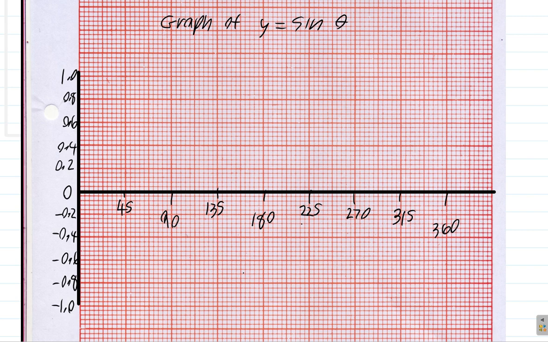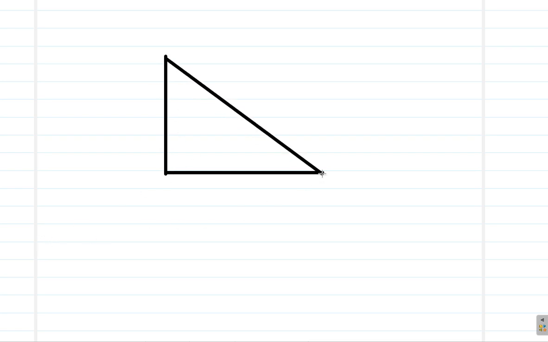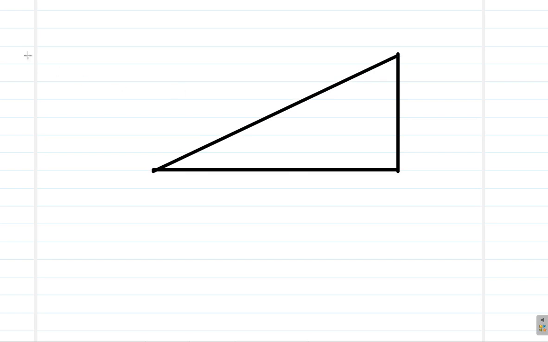So, remember now, if we have our right angle triangle, if I can get a right angle triangle here, alright? And let me turn it the other way. This is our right angled triangle. The angle here, angle theta.